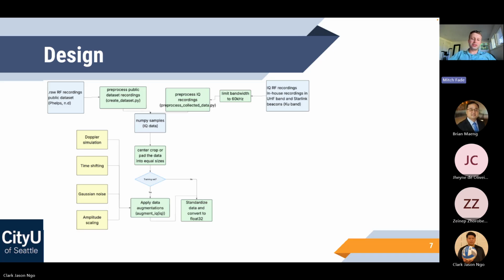And then the pre-processing of the data. The data comes from multiple sources, including a publicly available data set and in-house sources collected in-house from UHF and KU band antennas. These are all converted into NumPy samples with two channels, I and Q, for the phase and quadrature of the data.